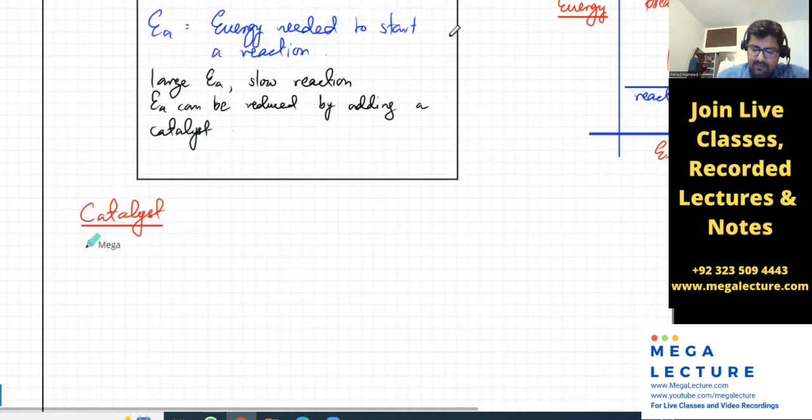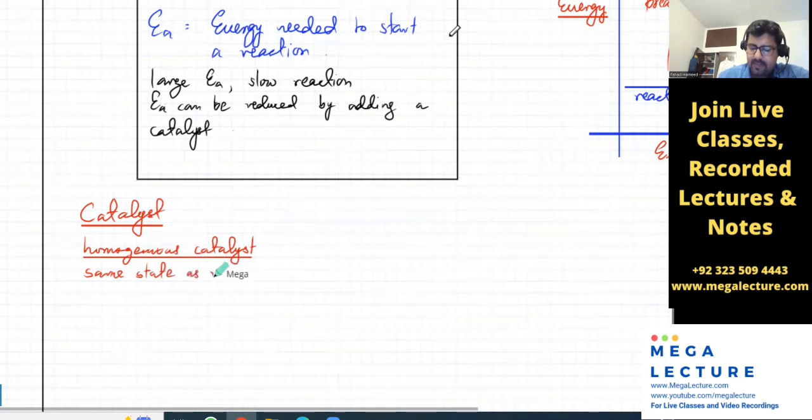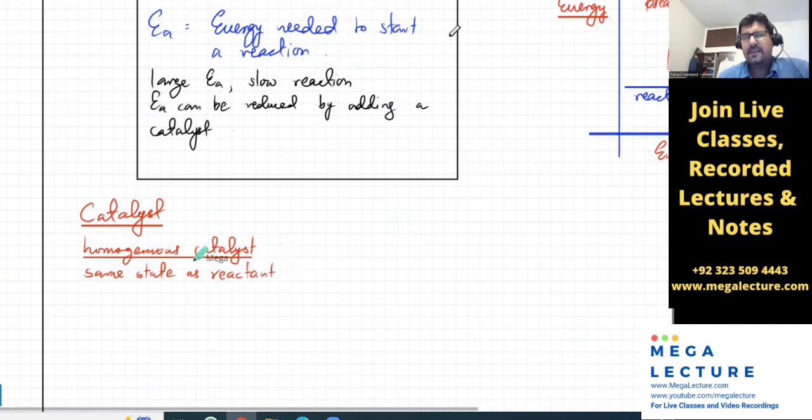There's a thing called homogeneous catalyst. A homogeneous catalyst means that it has the same state as the reactant, or it's in the same phase as the reactant. That's a homogeneous catalyst. You've got plenty of examples for homogeneous catalyst.